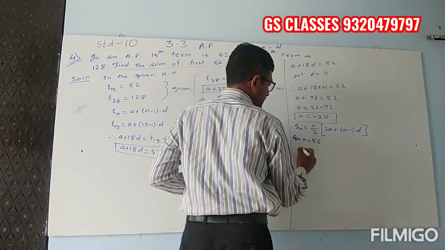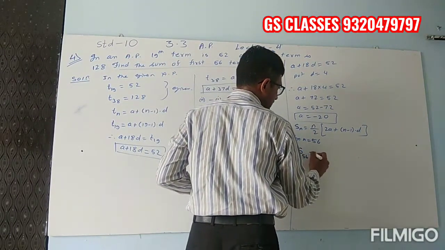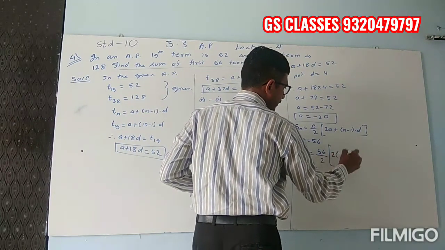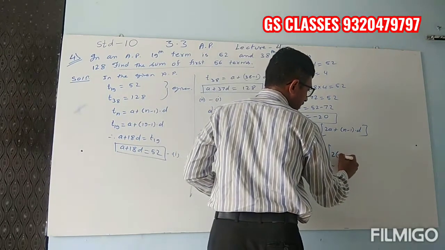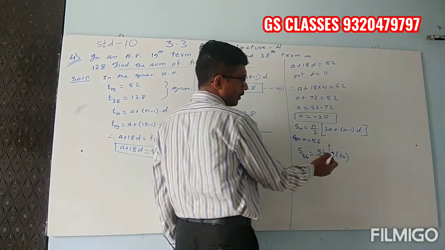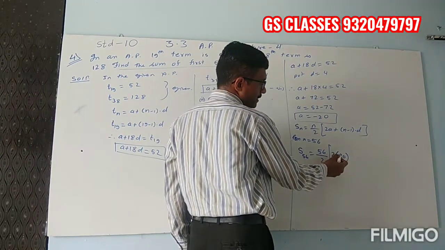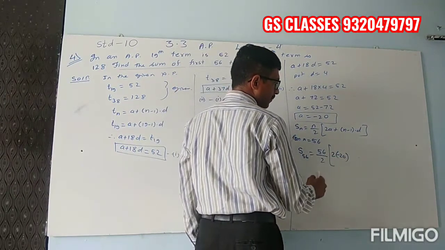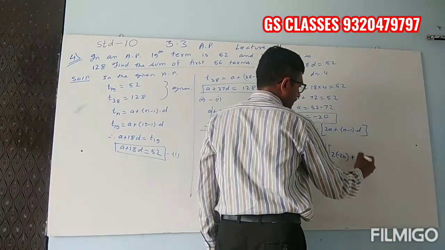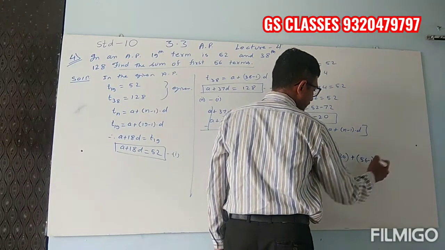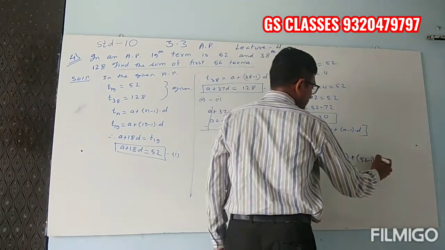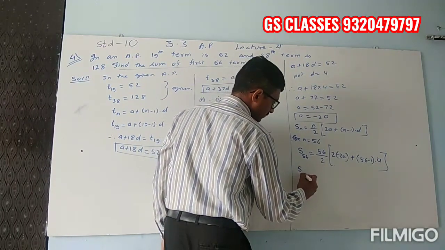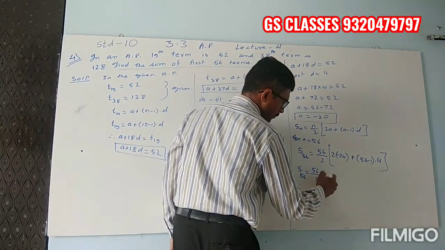N equals 56, so 56 by 2, 2a. What is the value of a? A is minus 20. As I told you, when multiplication and minus, these two mathematical signs, come together, you have to put the bracket. So plus n is 56 minus 1 into d, and the d value is nothing else but 4. Now children, as we are calculating for 56, 56 by 2 is here.